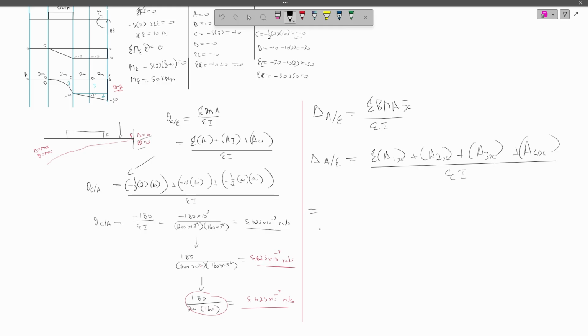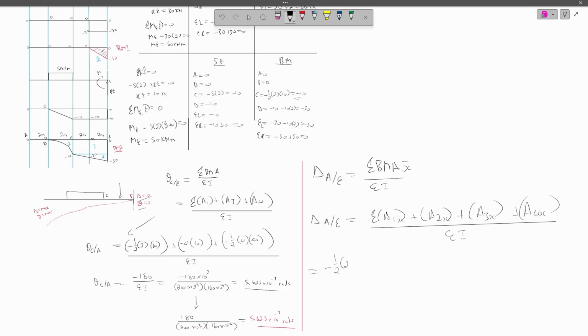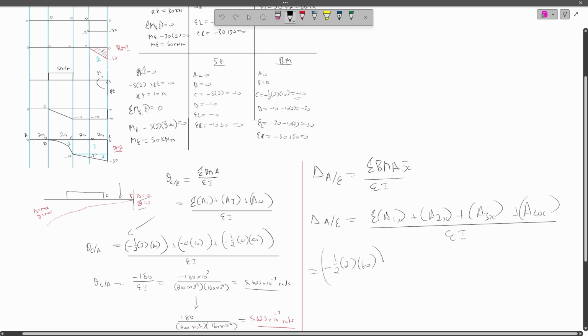Our A1 is our triangle, so we're going to have minus 1 over 2 times 2 times 60 times our centroid.